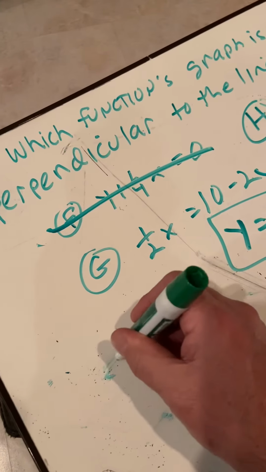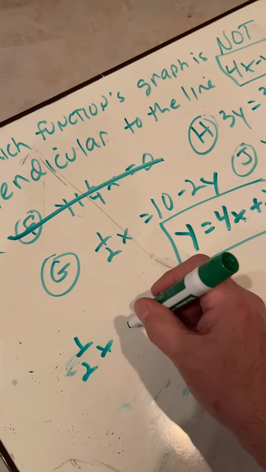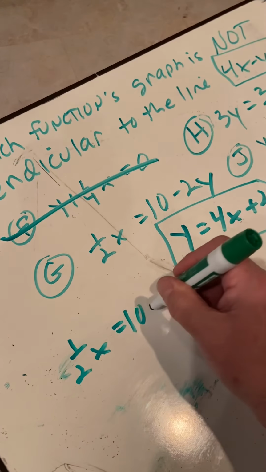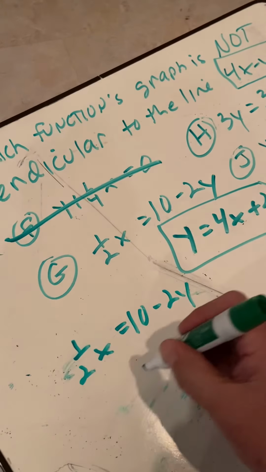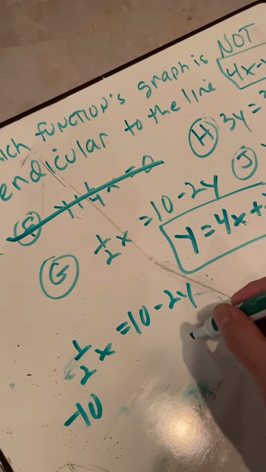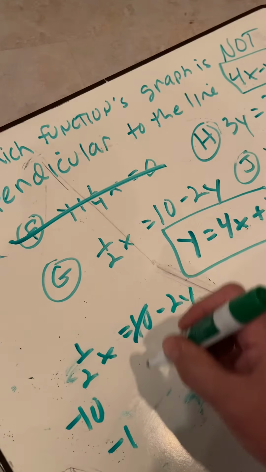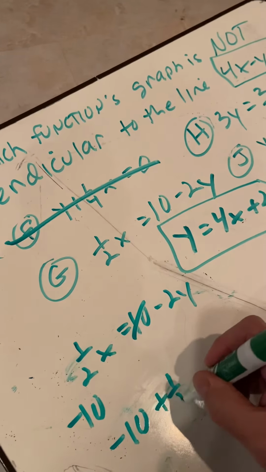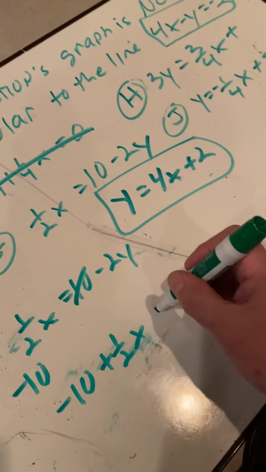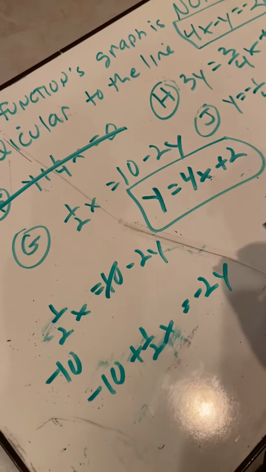So we have 1/2 x equals 10 minus 2y. We're going to minus 10 over here. So we're going to have minus 10 plus 1/2 x equals negative 2y.